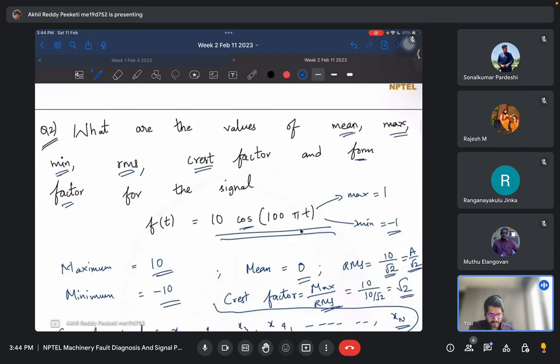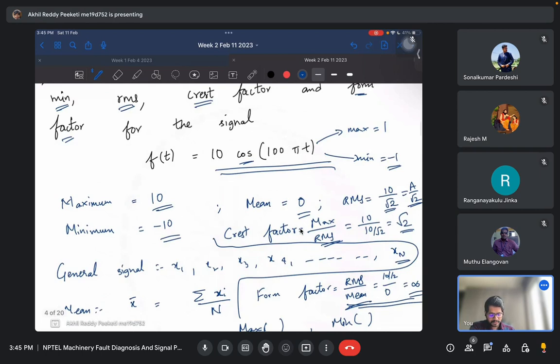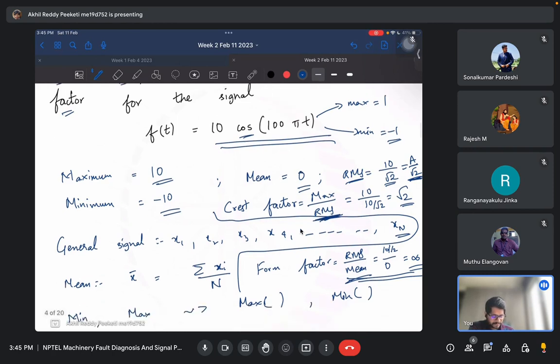And next we looked at how you can estimate mean, maximum, minimum, RMS, crest factor, form factor if a signal is given. The main things to remember are RMS is amplitude by root 2, the crest factor is the maximum of the signal by RMS, and the form factor is RMS by mean.